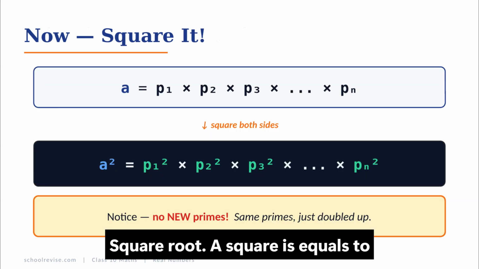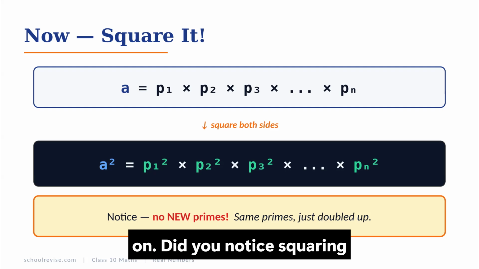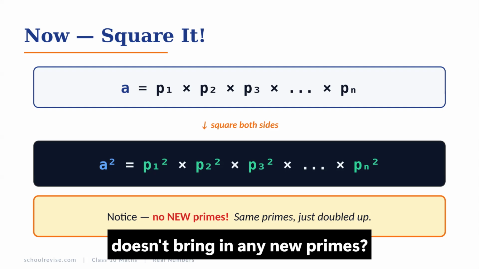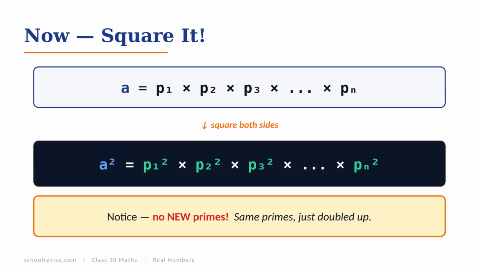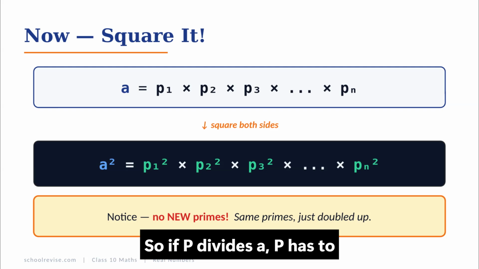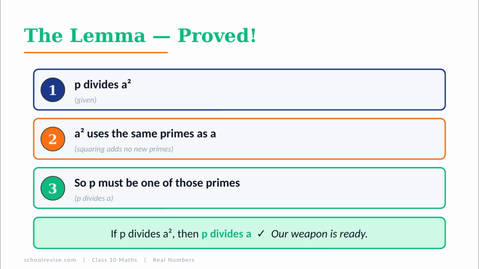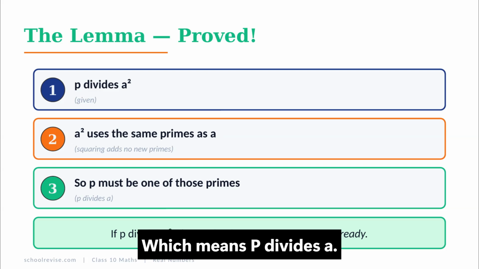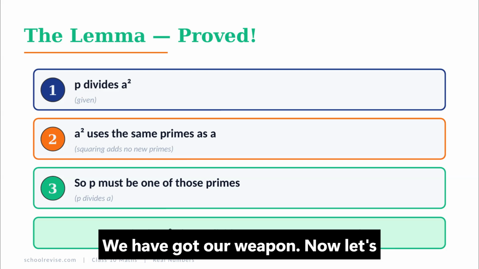Square it, A squared is equal to P1 squared times P2 squared and so on. Did you notice, squaring doesn't bring in any new primes. Same prime factors, just doubled up. So if P divides A squared, P has to be one of these primes. Which means P divides A. Done. Simple, right? We have got our weapon.